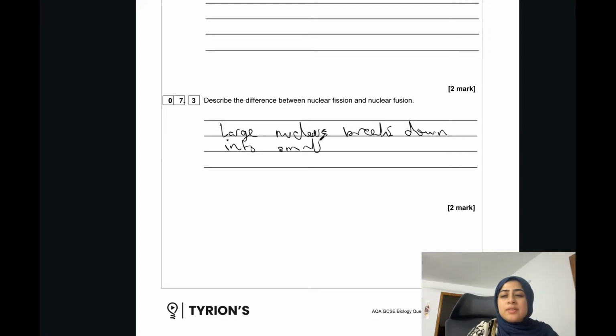And fusion is where smaller nuclei combine or fuse together, join to form a larger nucleus.